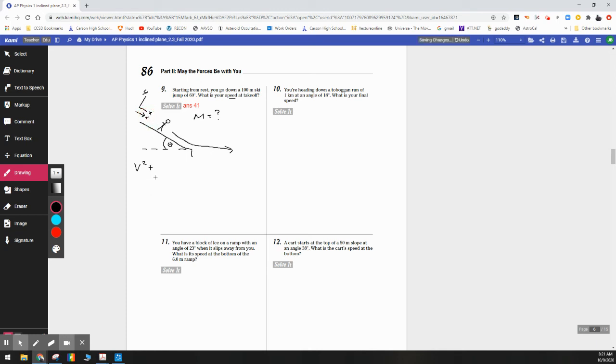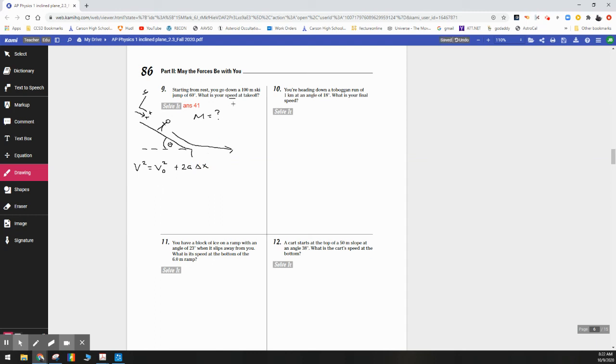So v squared equals v0 squared plus 2a delta x. Okay, so we should be familiar with this equation now.